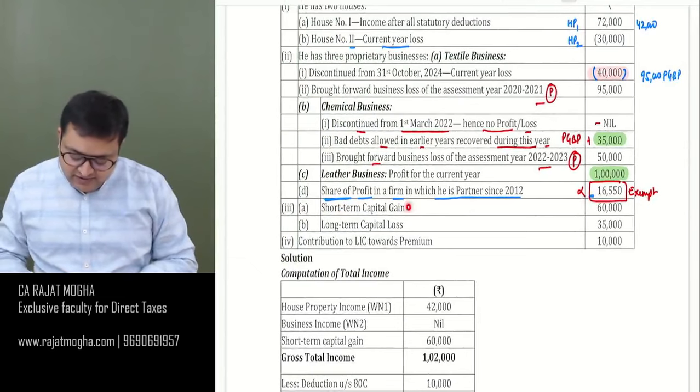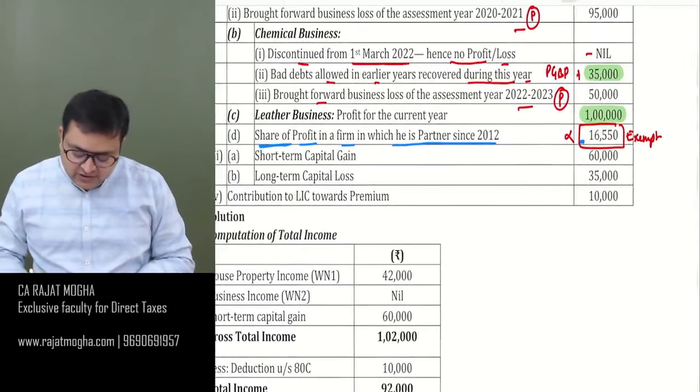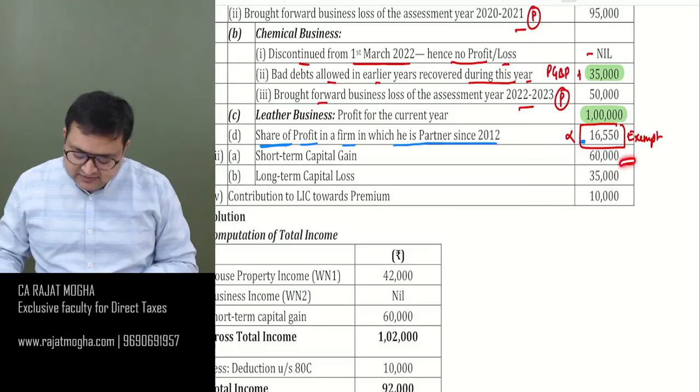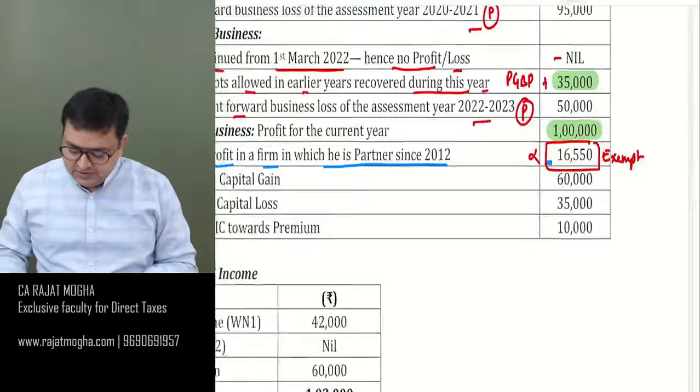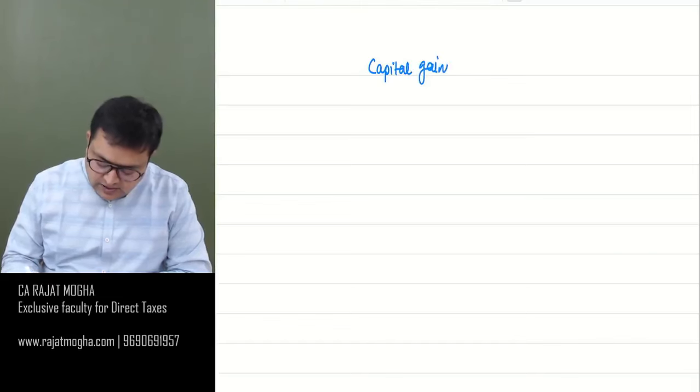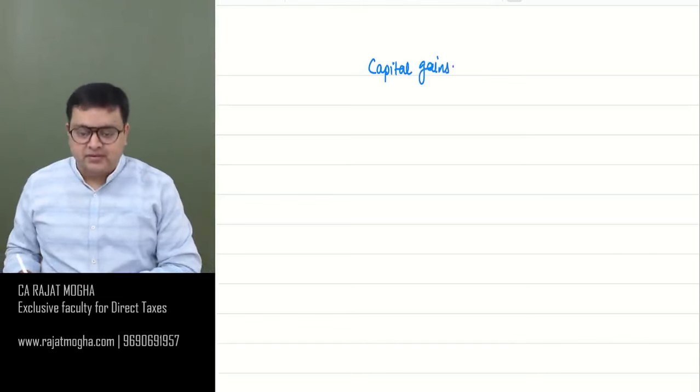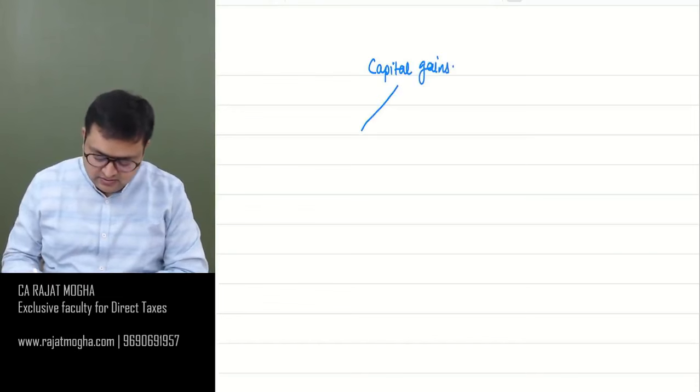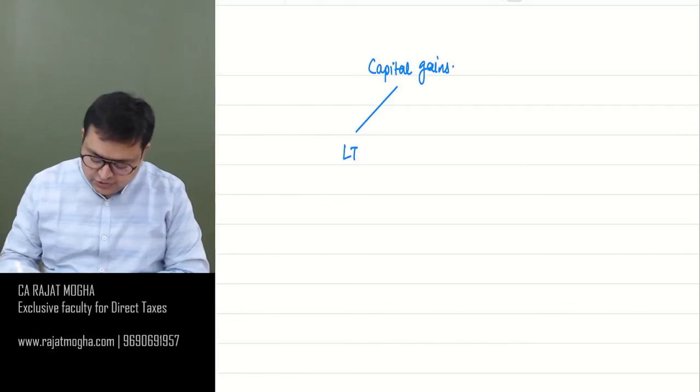Okay. Then we have short-term capital gains. Short-term capital gain, 60,000. Long-term capital loss, 35,000. Please write: capital gains, long-term or short-term.